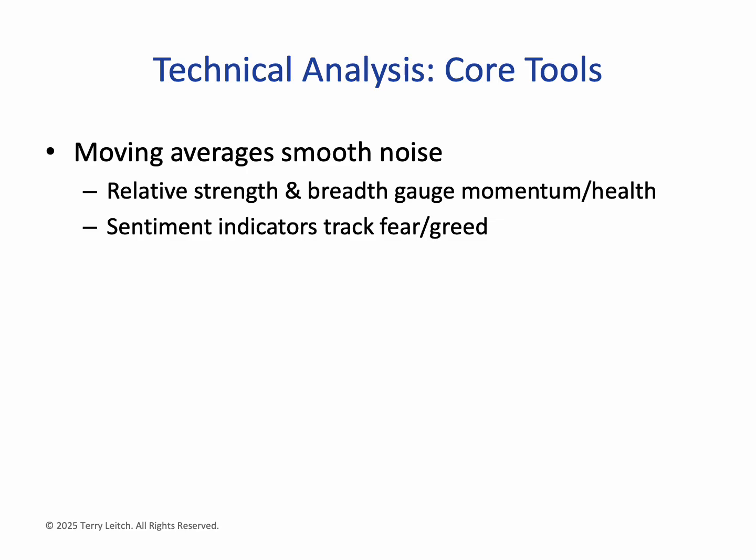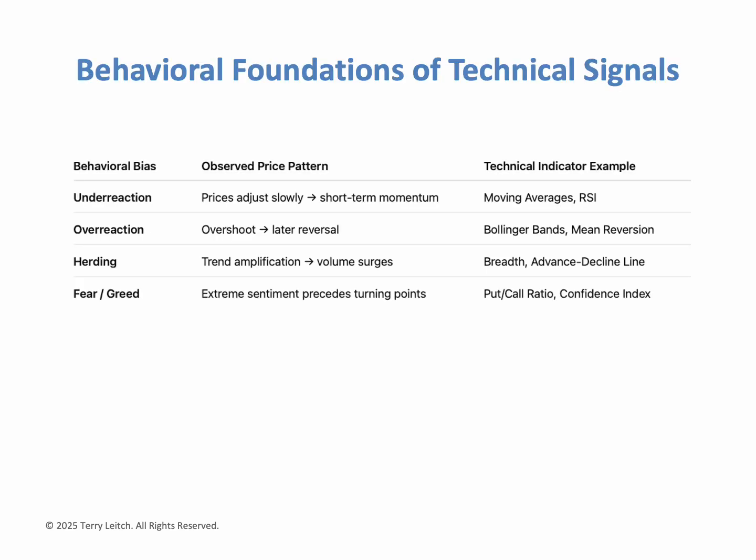And so we can look at moving averages, relative strength and breadth, gauge momentum, okay? And then sentiment indicators track fear and greed, okay? So the behavioral biases, underreaction, we find that in the moving averages. Overreaction, we're going to see Bollinger Bands and mean reversion.